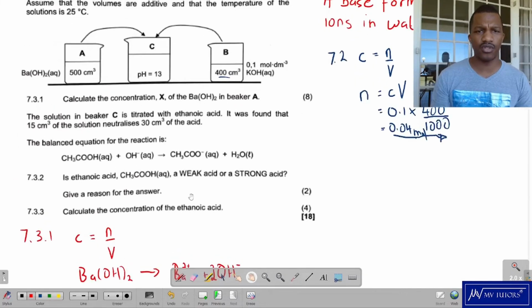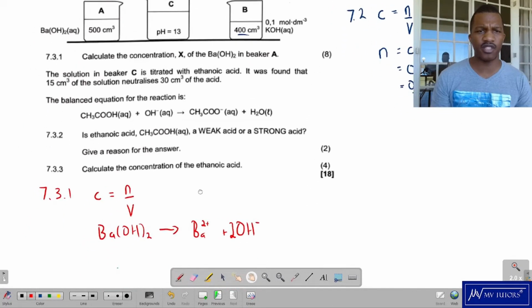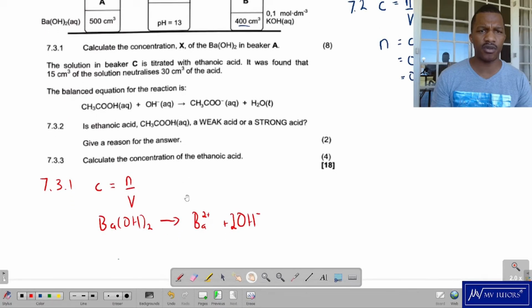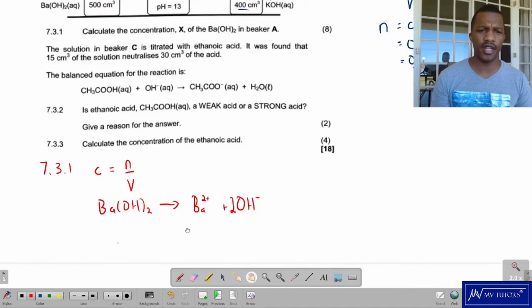So in order to solve the number of moles of that, let's start with this pH here. We've got a clue, a pH of 13. So we need to solve the pOH and get the concentration of the OH ions, and then we'll use them to get the moles of the hydroxide ions. So let's do this.